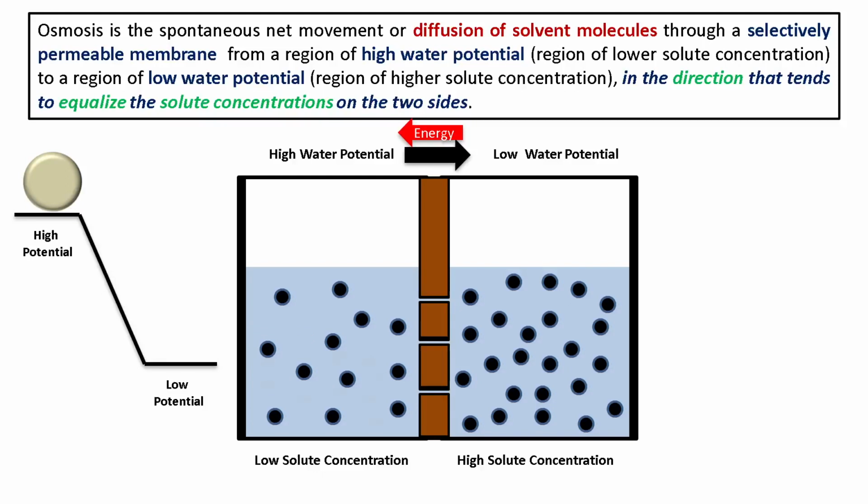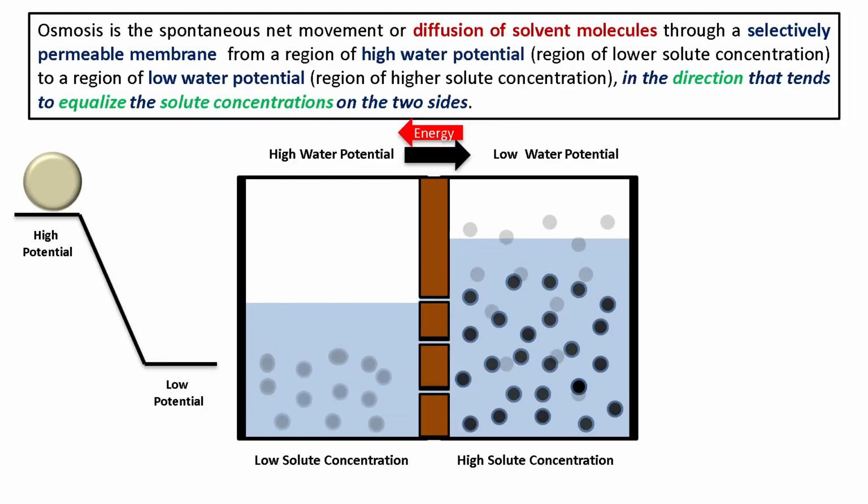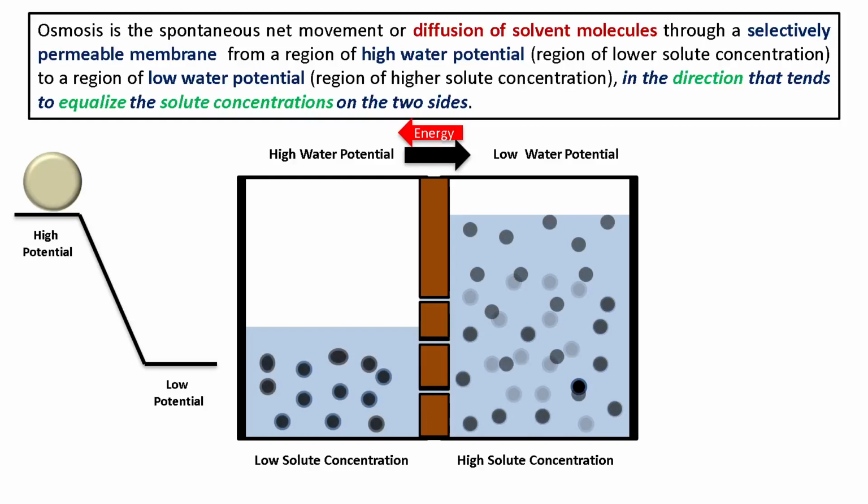Here you can see that the solvent has entered from the left side towards the right side, so that the volume of the solvent on the right side increases. This results in the reduction of concentration on the right side, which equals the concentration on the left side. Thus, equilibrium is achieved.